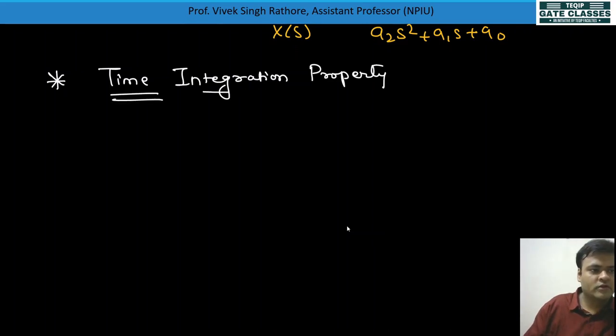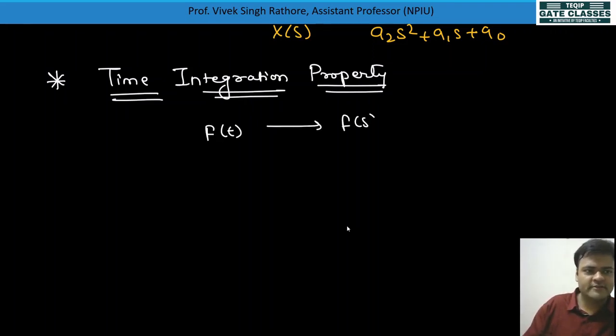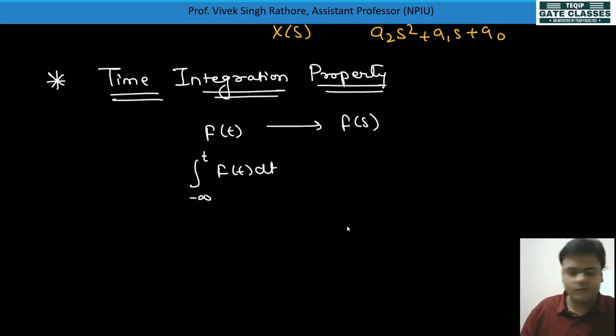Time integration property says that we will do integration in the time domain. If the Laplace transform of f of t is F of s, then if we integrate f of t dt from minus infinity to t, what will happen? This is the same as f of t convolution with u of t.